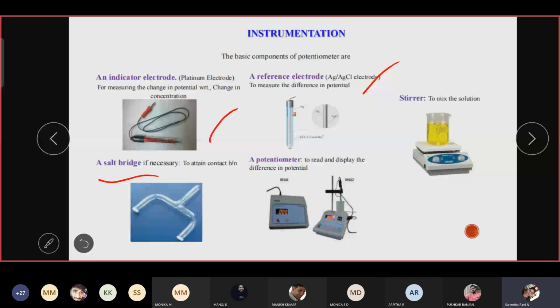And you need a stirrer for continuous stirring. Usually we have used an air blower for continuous stirring, and we use a potentiometer to measure the potential developed. So these are the basic components we require: indicator electrode, reference electrode, salt bridge, potentiometer, and a stirrer or an air blower for continuous stirring.